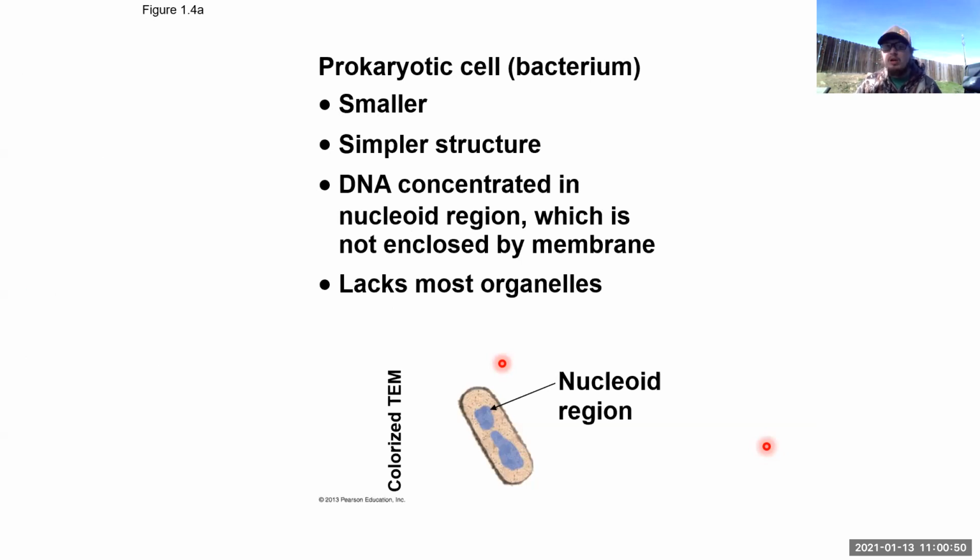They're small and a lot simpler in structure compared to the second type of cell we're going to talk about. There's no nucleus inside the cell. The genetic material is concentrated in a single region called a nucleoid region, shown here. It doesn't have a lot of the complex organelles. It has ribosomes, really not much else.